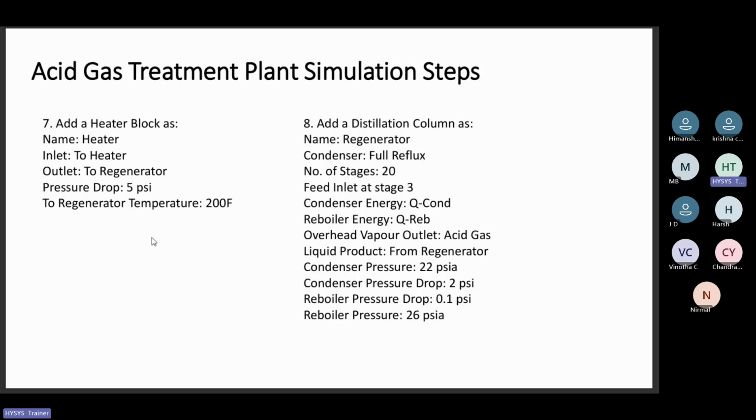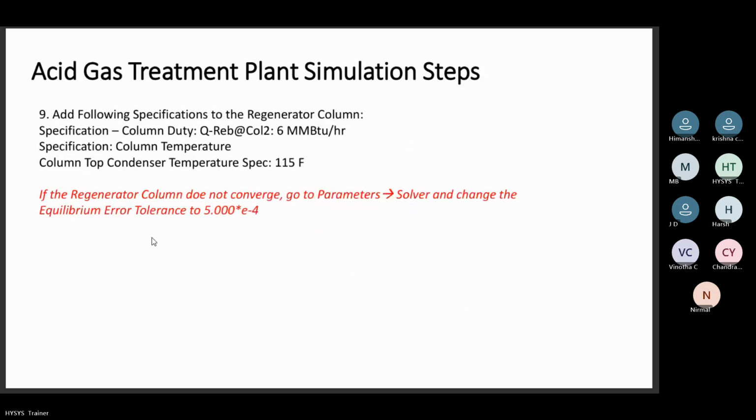After finishing this part, we will be completing our without recycle flow sheet. We will be giving some specifications for this regenerator column. These are the specifications that have to be given for that regenerator column to get simulated.